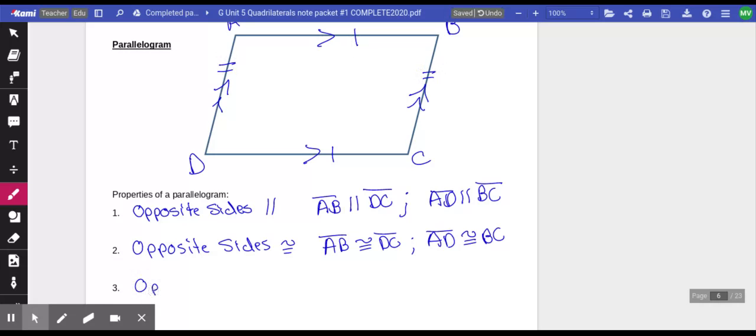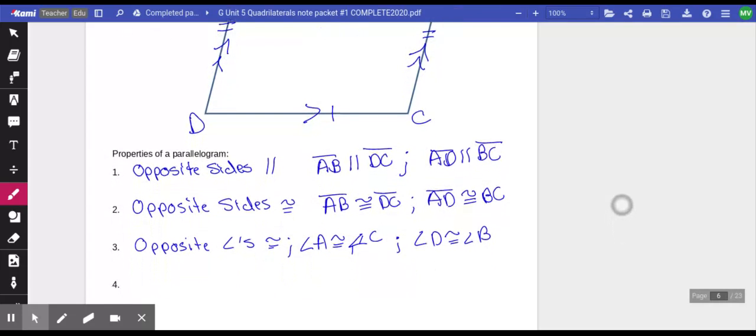Next, we also know that opposite angles are congruent. So that means angle A is congruent to angle C, and that angle D is congruent to angle B. Then we also know that diagonals bisect each other.